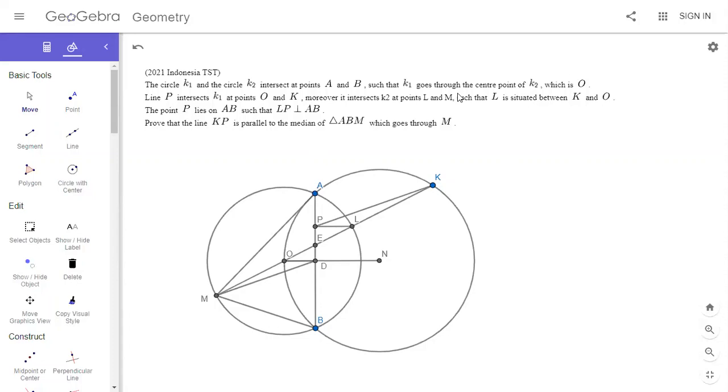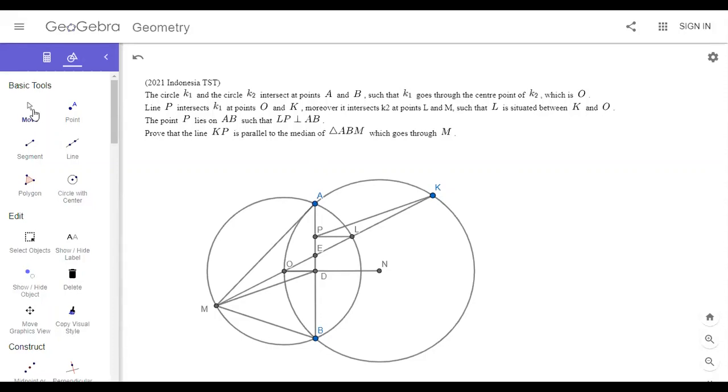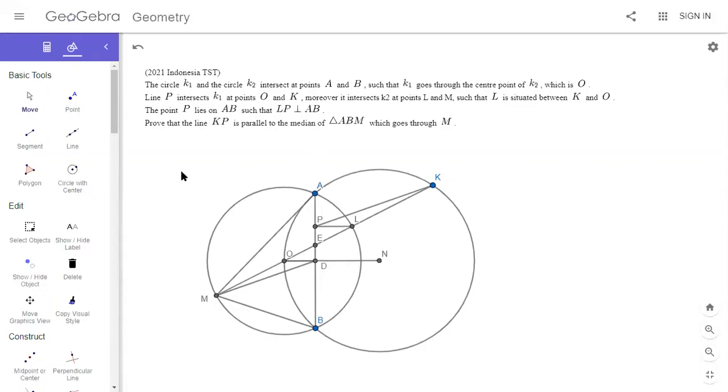The coordinate bash. No, I don't like coordinate bashing on my channel. Okay, I mean, in a competition, it might be a good idea though. There has to be some similar triangles here. I know it.